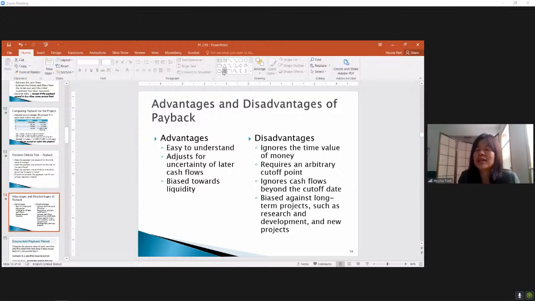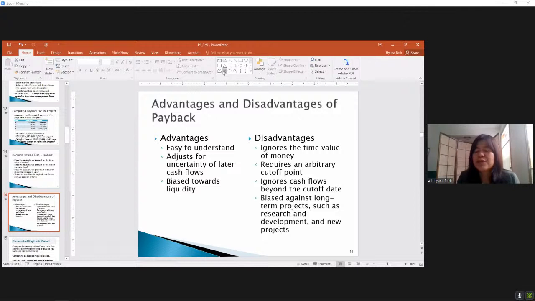That kind of project will not be valued well if the company uses the payback rule. So that's a disadvantage. But most companies do not apply the payback rule to long-term, R&D-related projects. For that kind of project, definitely NPV needs to be used.